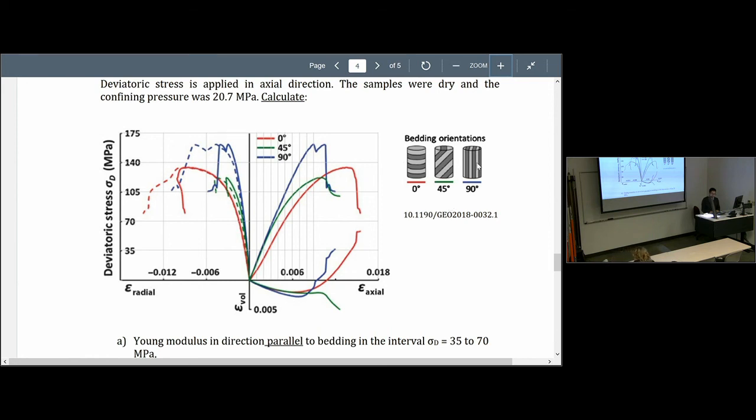So remember, the blue, if you get the blue one, that will be a parallel Young modulus, parallel to bedding. The red would be a vertical Young modulus. And in this particular example, we see that some of the rocks loaded parallel to bedding are actually stronger than perpendicular to bedding. That sometimes happens when the bedding interfaces are actually stronger than the matrix of the rock itself.